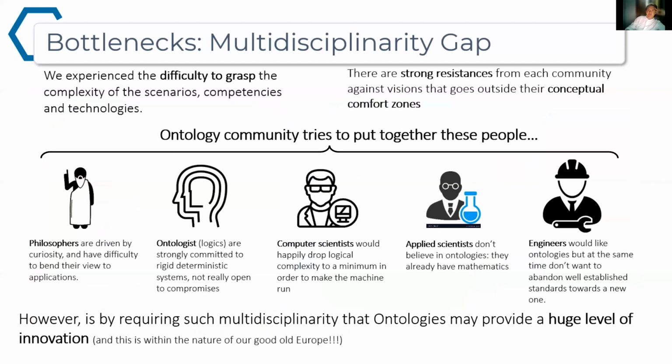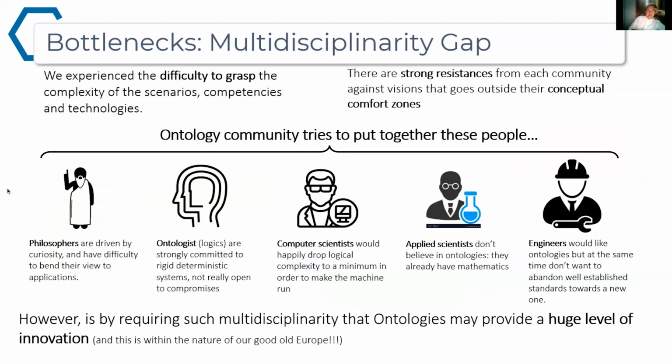The problem that we usually found is that this approach spans from philosophy to logic, to computer scientists for the serialization of the ontology, to applied scientists, and to engineers, who are usually the ones that in the end will use the approach.